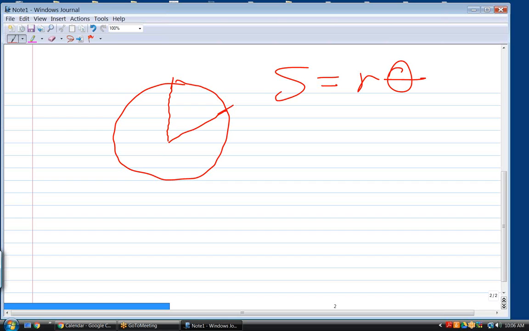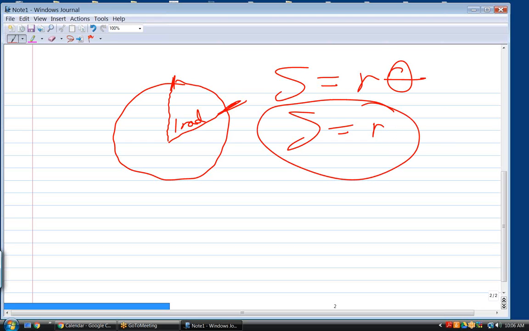So if this angle is 1 radian, which is about 57 degrees, the definition of radians is this: the length of the arc that is subtended is exactly the length of the radius. You can see why that would be true, because S would be equal to R times 1. So S is equal to R. All right, that makes sense.